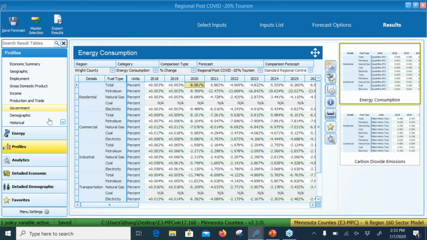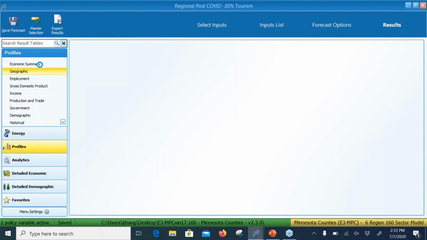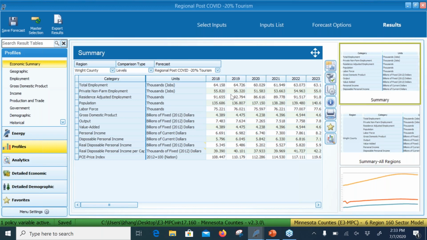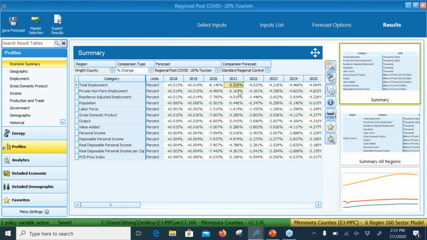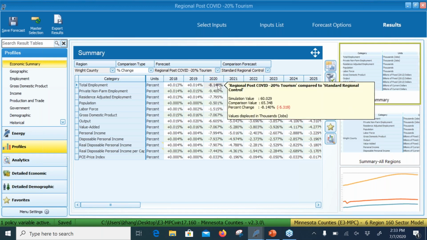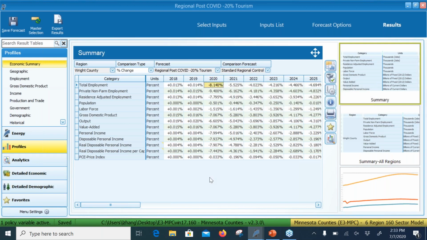And so we look at the economic summary. We can see that before we had around a 5.2, around a -5% drop in employment. Now we have an 8% drop in employment.